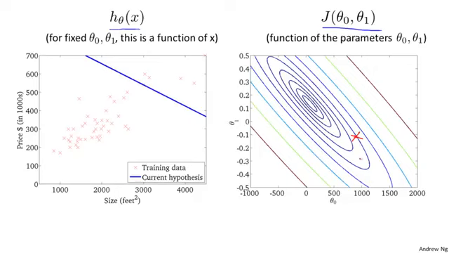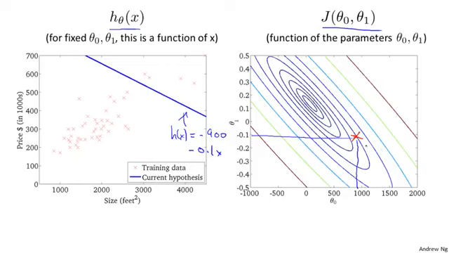But for illustration, in this particular implementation of gradient descent, I've initialized theta 0 at about 900 and theta 1 at about minus 0.1. This corresponds to h of x equals 900 minus 0.1x, which is this line, and out here on the cost function is the corresponding point.